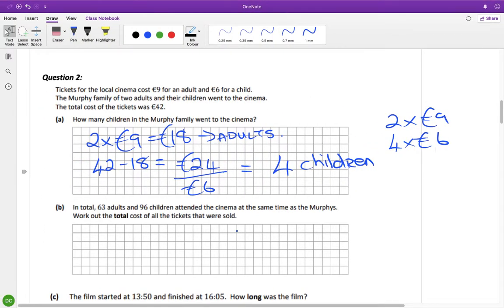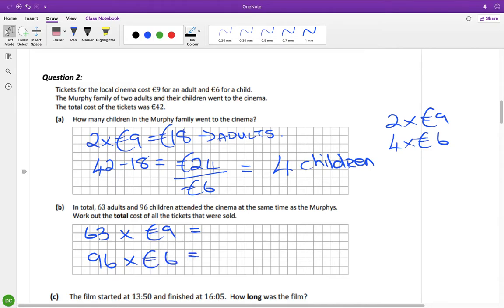In total, 63 adults and 96 children attended the cinema at the same time as the Murphys. In total, 63. So that's including the Murphys. Okay, so the 63 adults would have paid €9 each, and the 96 children would have paid €6 each.